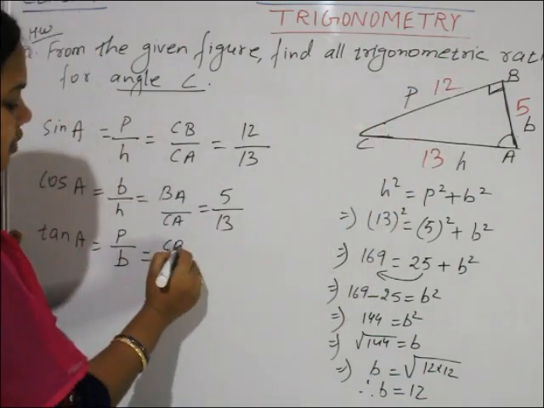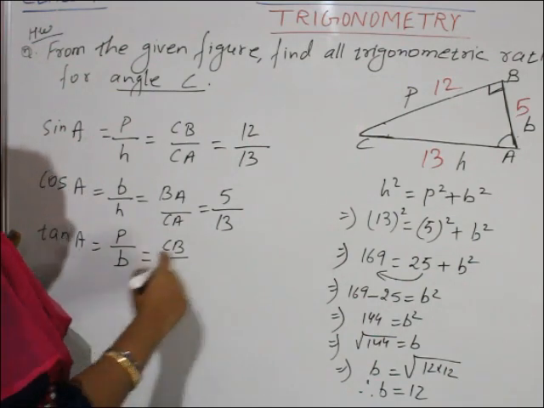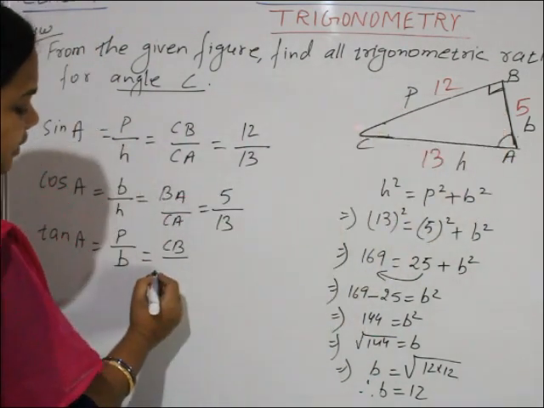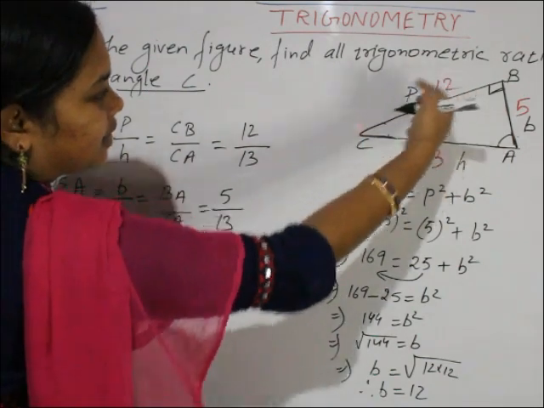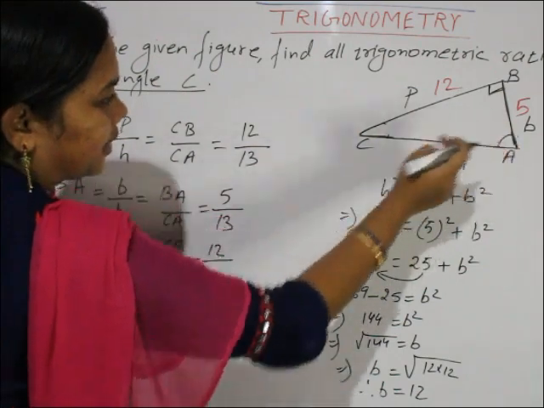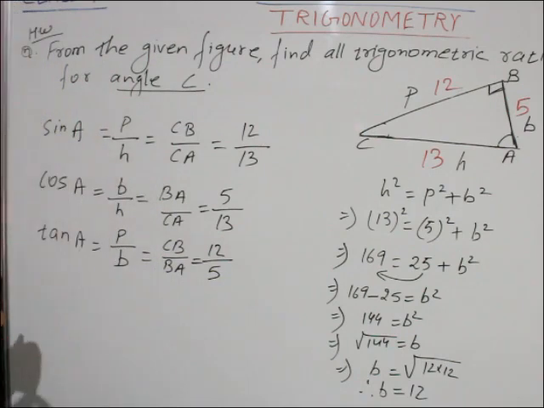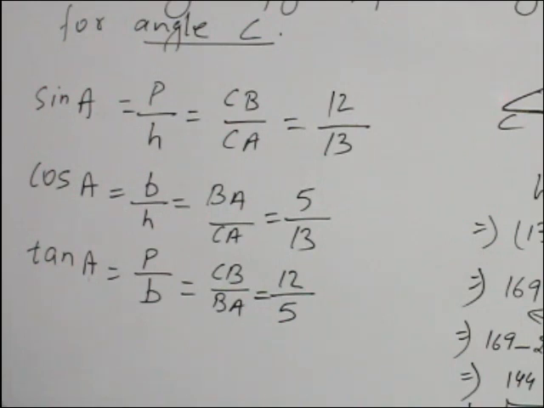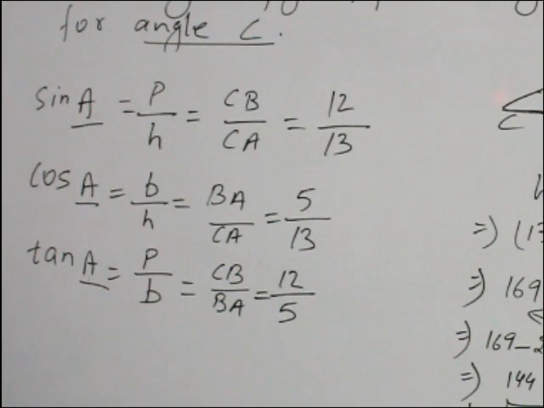CB. Then the base is BA. So CB, the perpendicular, is 12, and BA, the base, is 5. So here we got the three important trigonometric ratios for angle A as the angle of reference.